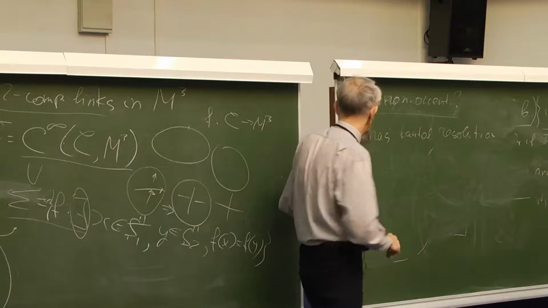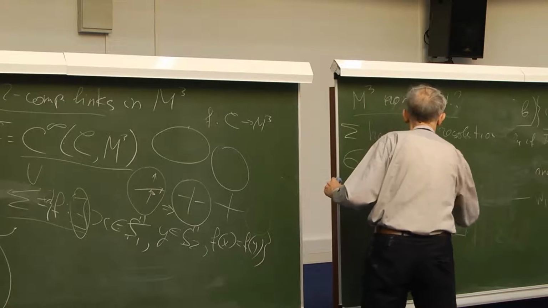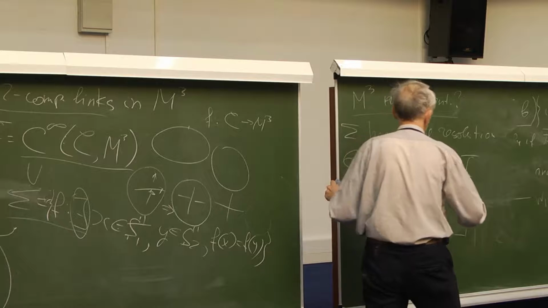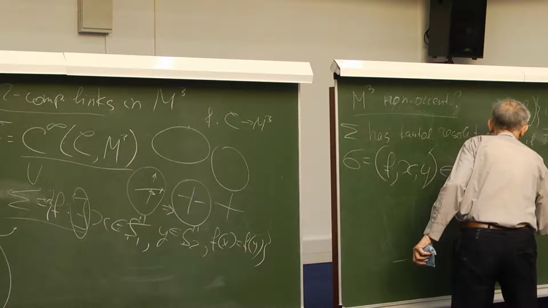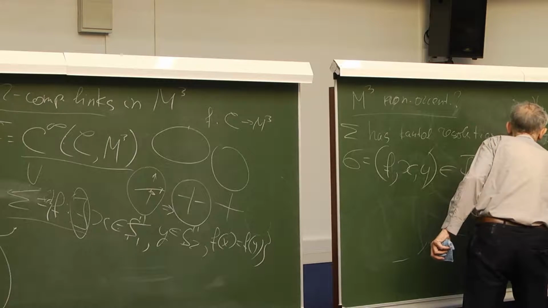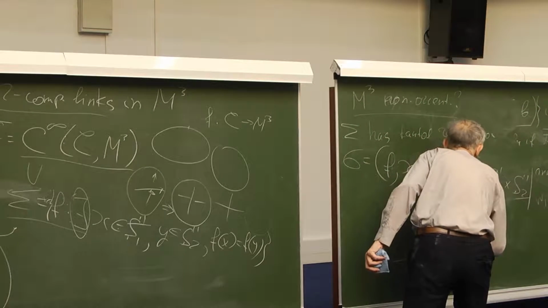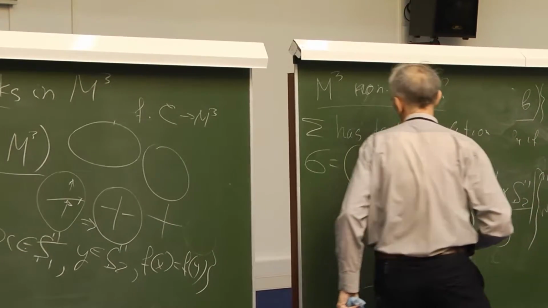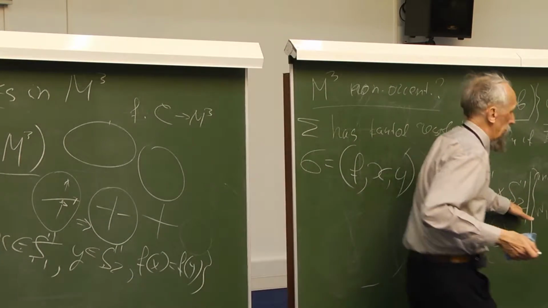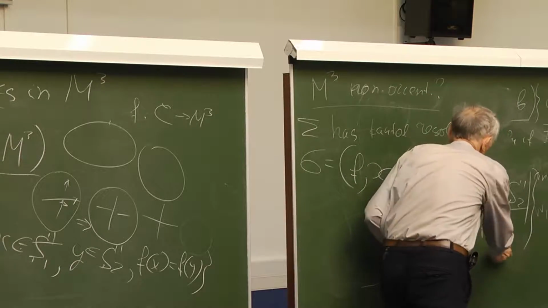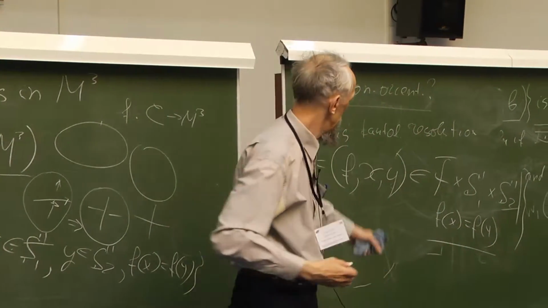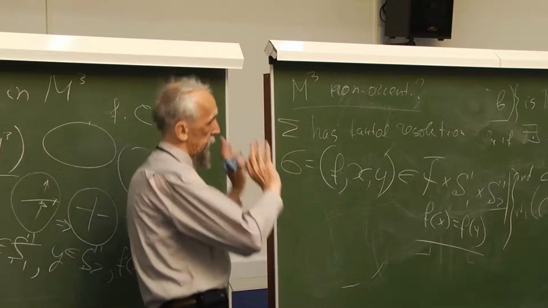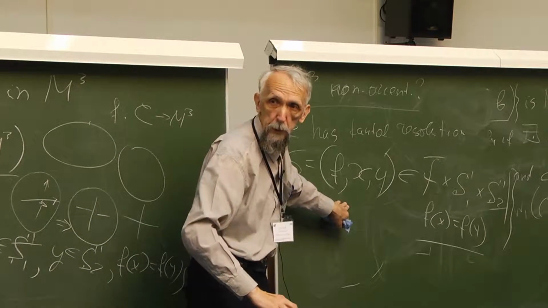It is the set of triples in the Cartesian product of the function space F times S1 times S1 such that F of X is equal to F of Y. And, well, this is a smooth manifold. And this condition also is smooth, so it is a smooth manifold. And the irreducible components of the discriminant are exactly the direct images of these smooth manifolds.